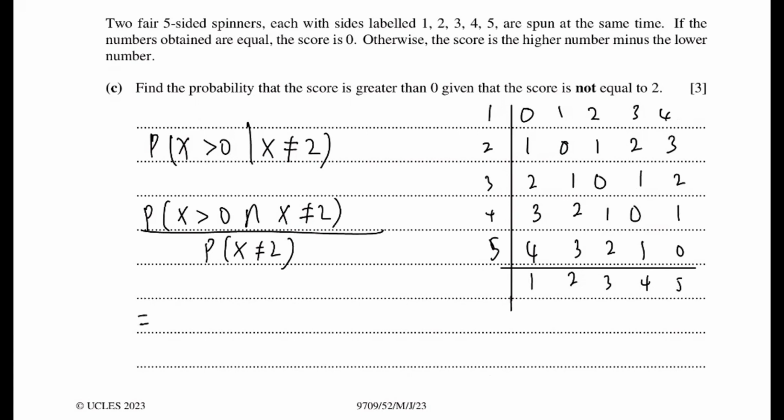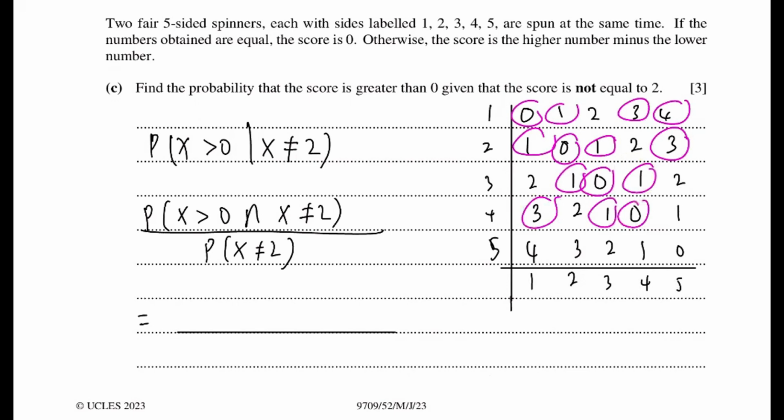So not equal to 2 means how many do we get? We get 3, 4, 5, 6, 7... 19, right? So 19 over 25.